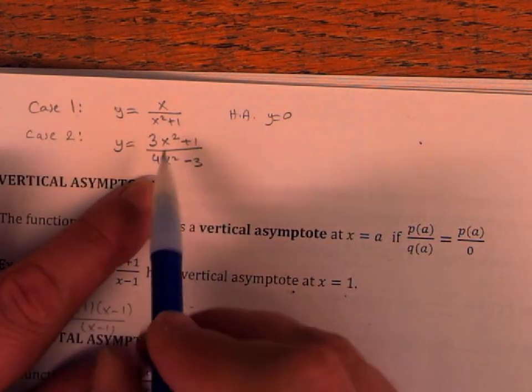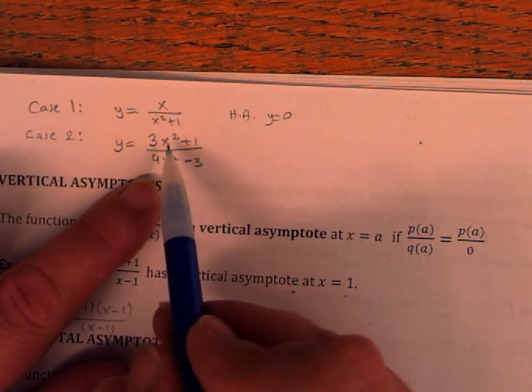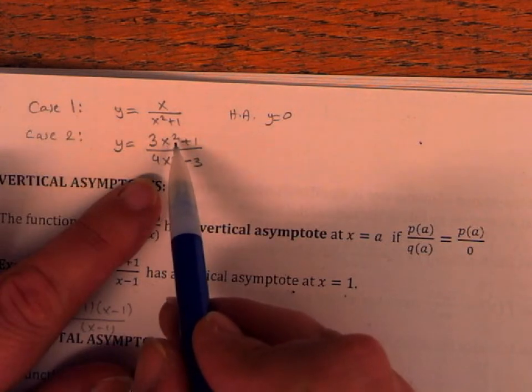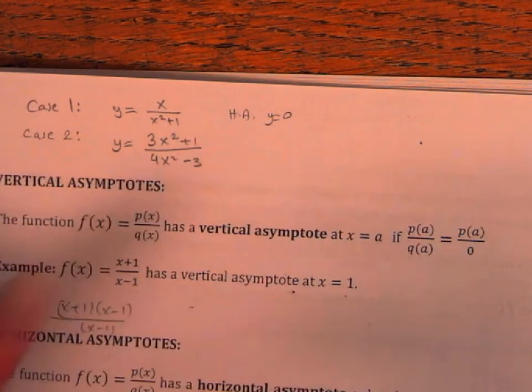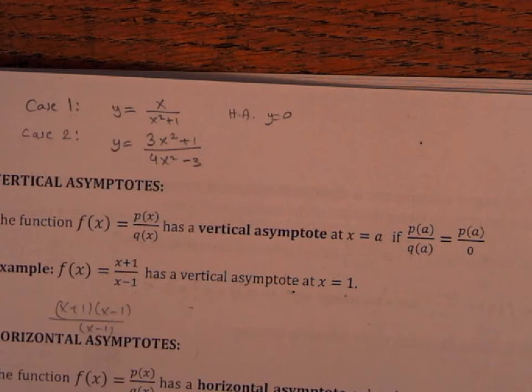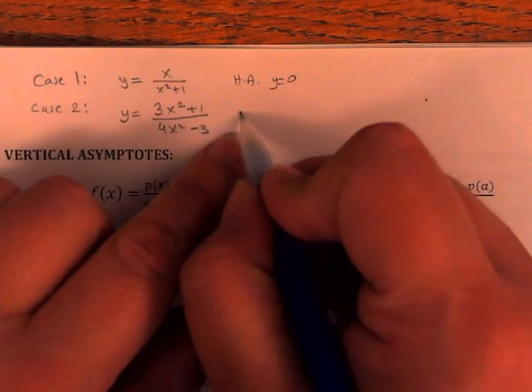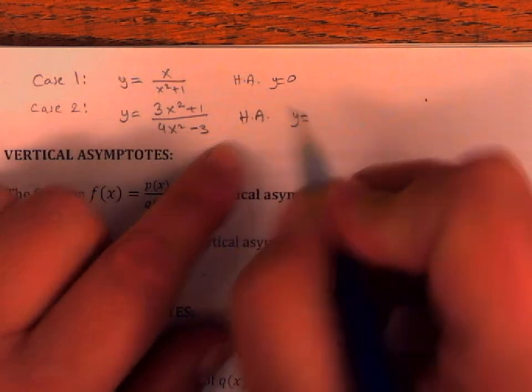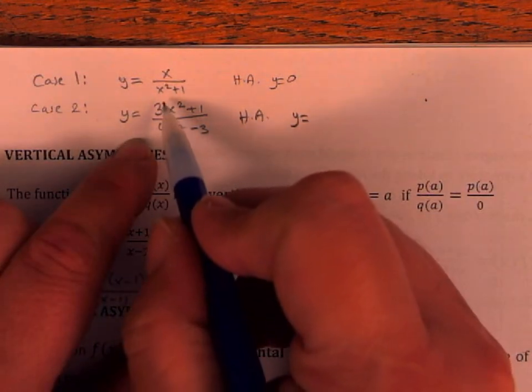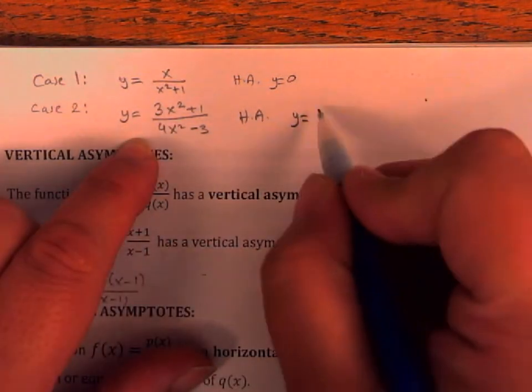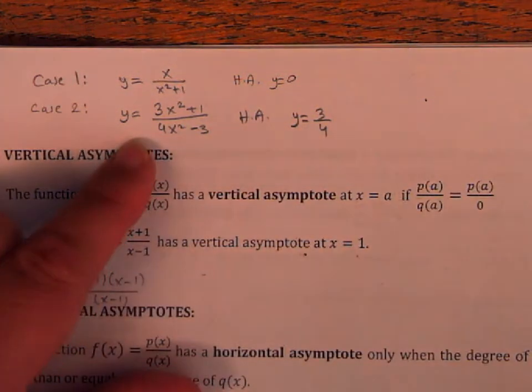You check the degree. Numerator degree 2, denominator degree 2. So they have the same degree. Then how do you get the horizontal asymptote? You take the ratio of the leading coefficients. So this is going to be y equals 3 over 4.